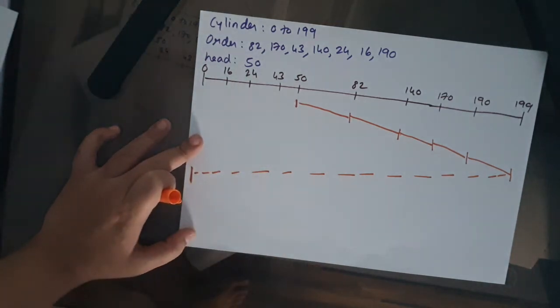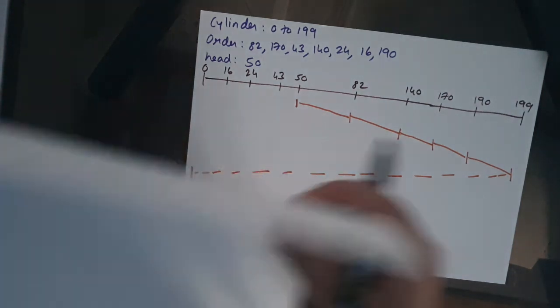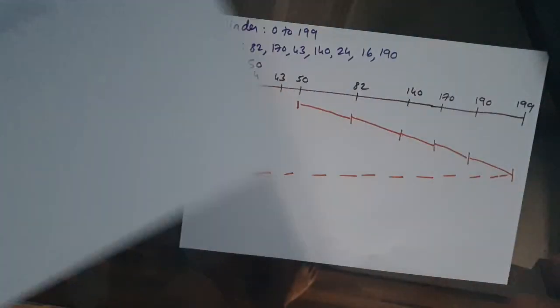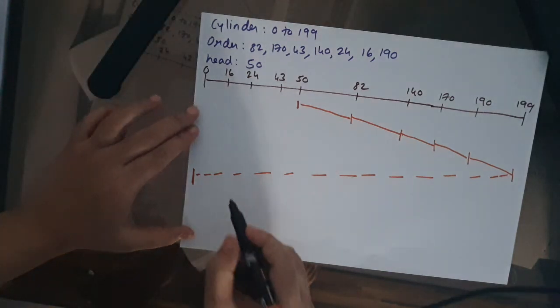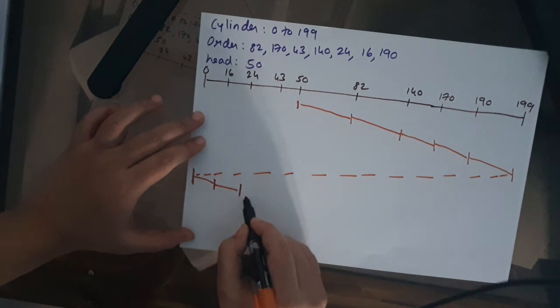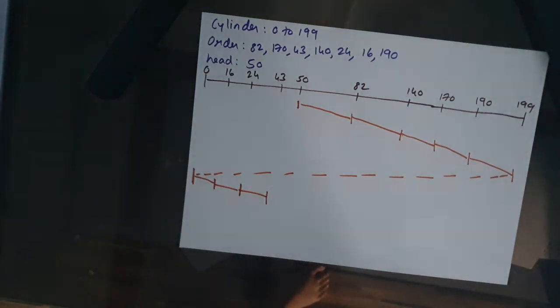Once we come to 0, we start servicing requests from there. All the remaining requests, we will start to serve from there. So it is 16, 24 and 43. All are done? Yes, all are done. So now we can stop.